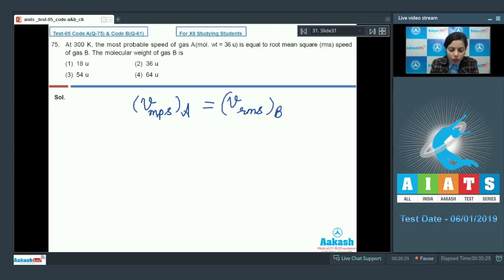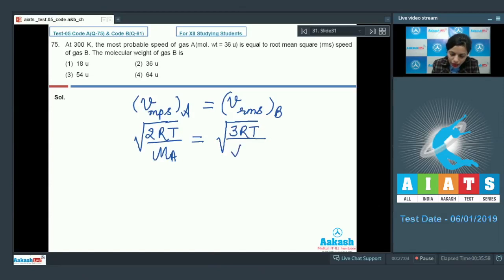And we know that the most probable speed of a particular gas is equal to root 2RT by the molecular mass of that gas. And this should be equal to root 3RT by MB. Why? Because this is the formula to calculate root mean square speed.